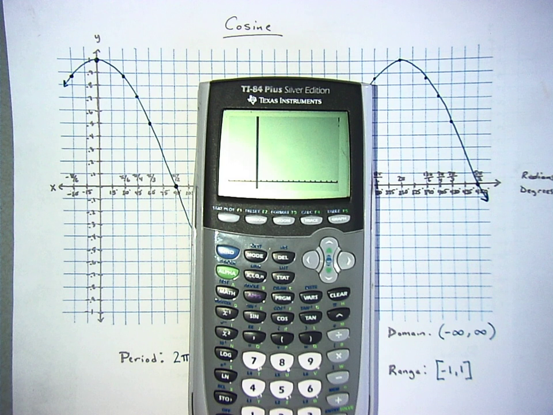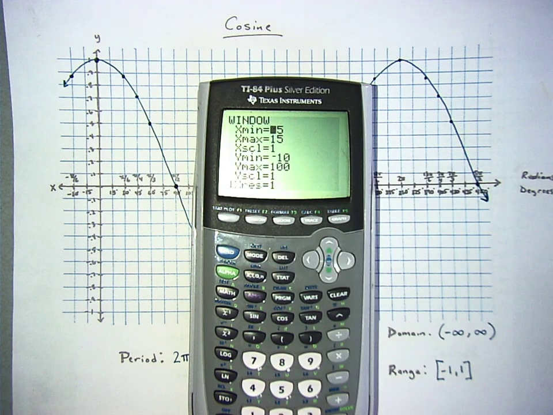I have no idea what my window's set up to. I'm not seeing anything on my graph. You guys seeing anything on yours? You got like a parabola on yours? Do you guys remember what a window is on your calculator? It shows you what part of the graph you're looking at, right? And you can make it any window you want it to be. So let's look at mine.